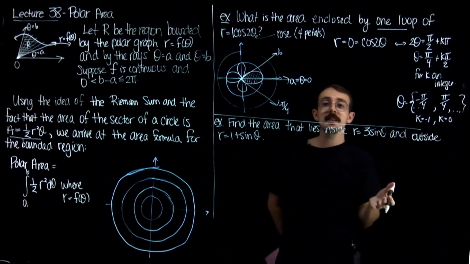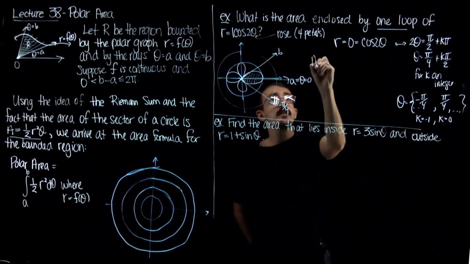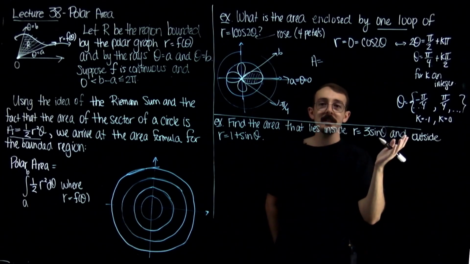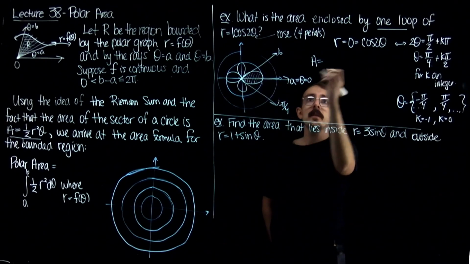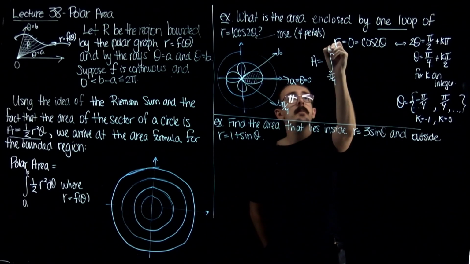Go ahead and write down a formula for the integral here. There are a couple of ways I could do this, and I'm going to show you a direct way first. To integrate over this whole petal, I need to go from negative pi over 4 to pi over 4.